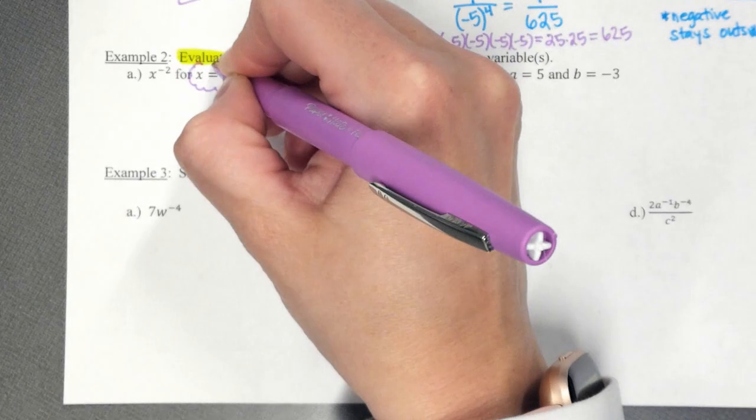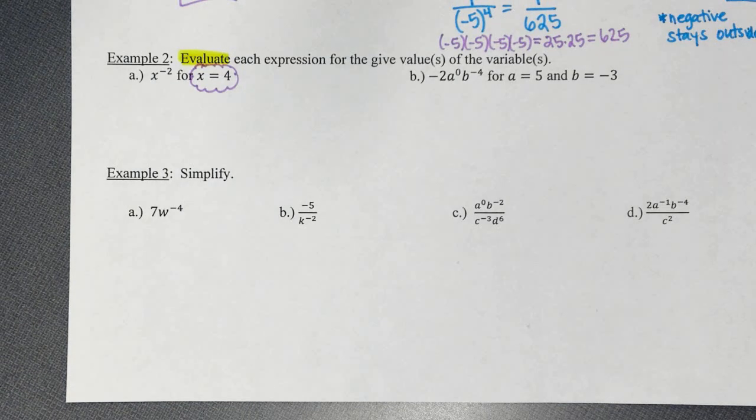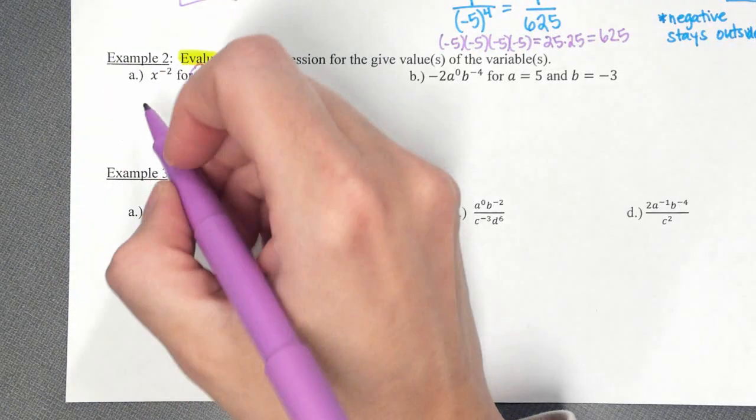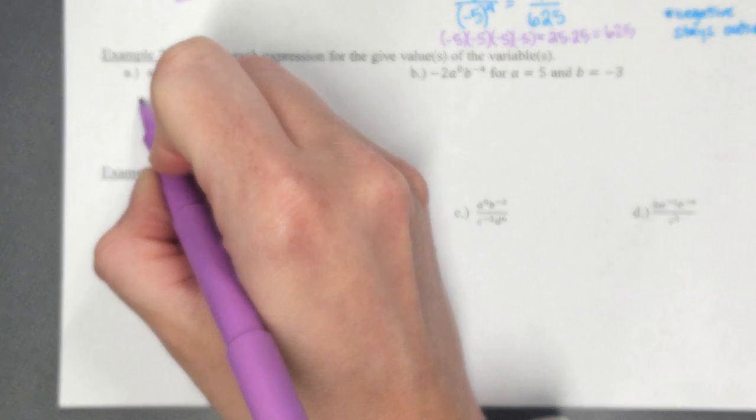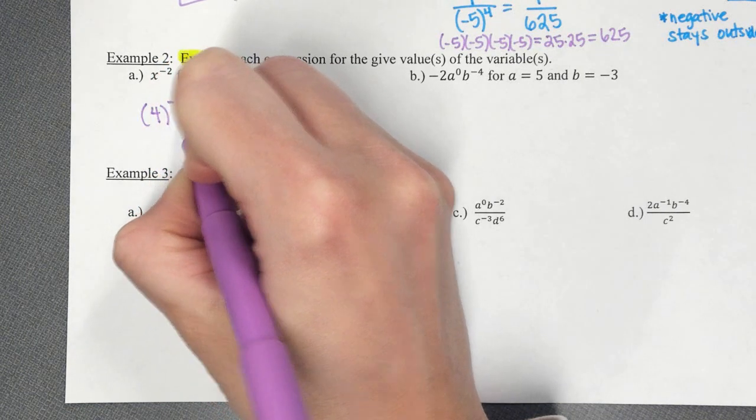So let's box in, or I made a nice little cloud, for what we're going to plug in. Okay, so I know you guys are really good at the plugging in steps, because we had to do that in the last section where we were checking. And then if you have x to the negative 2, you're just going to plug in 4 to the negative 2.